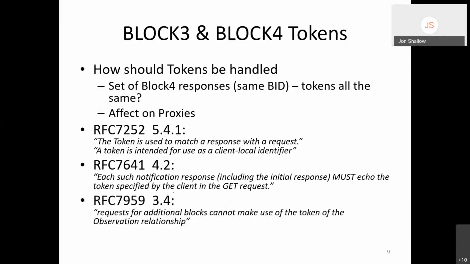So do we use the same token across all the block 4 responses that make up that big body, or do we have different tokens? Is the token intended to be client local, in other words under the control of the client, so the server has to send some stuff back? So we've got question marks about what to do with tokens, and likewise, are there any implications in proxies that we haven't yet thought about?